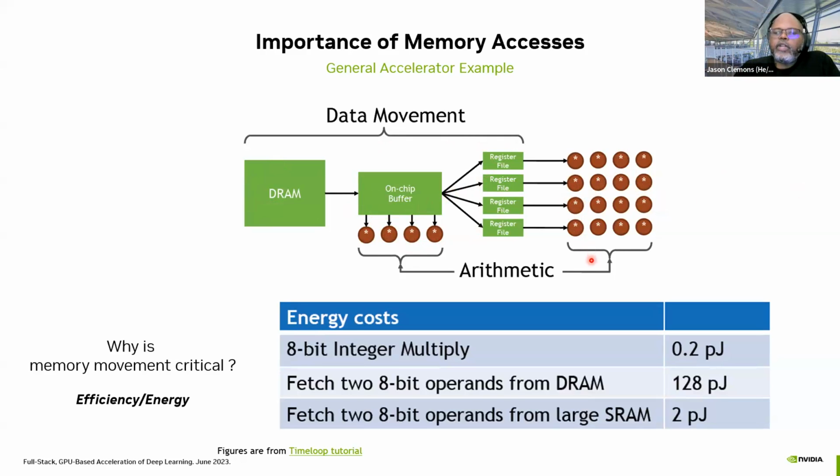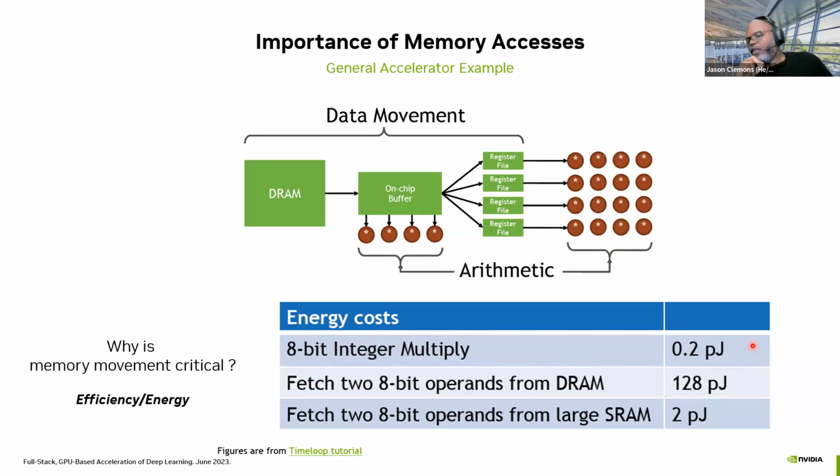Memory movement is so critical because we always like to look at the number of flops and how many flops something is taking, but here's why memory movement is super important. An 8-bit integer multiply takes about 0.2 picojoules. However, fetching 2 8-bit operands to do that multiply from DRAM takes 128 picojoules, right?